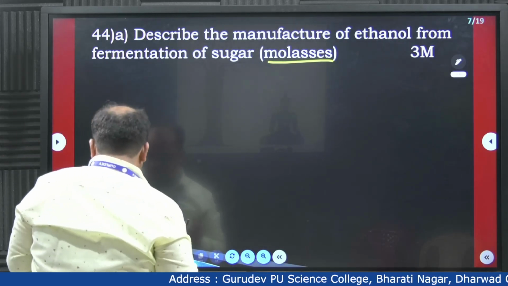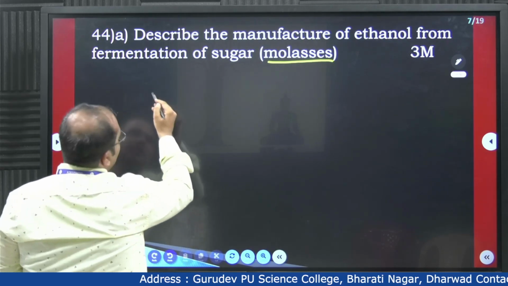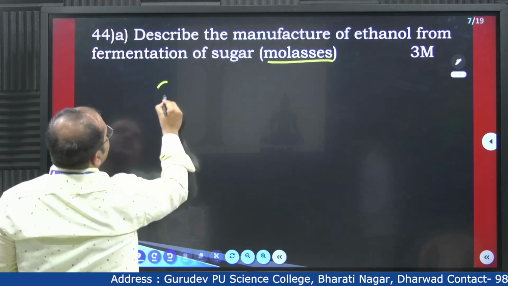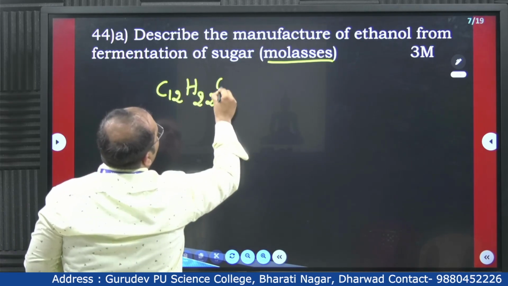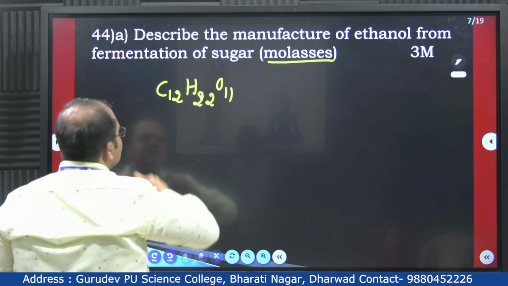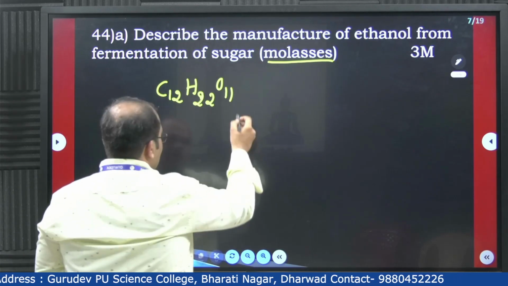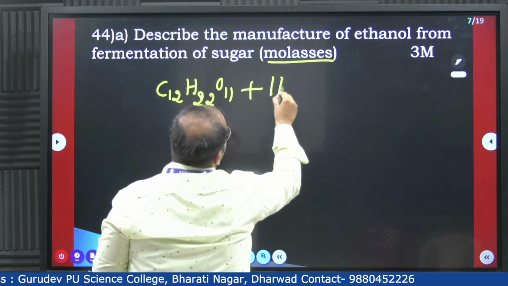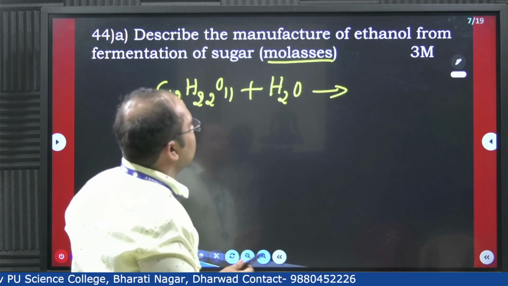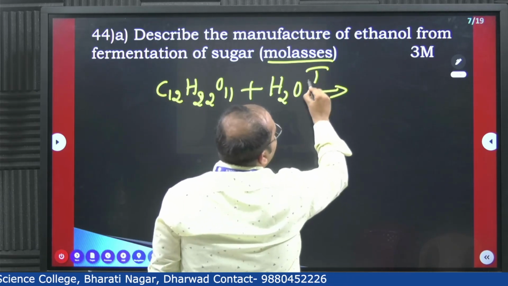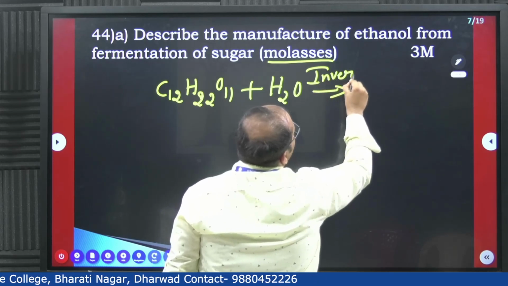For the fermentation process, we use the sugar, that is C12H22O11. It undergoes hydrolysis in the presence of water and the enzyme called invertase.